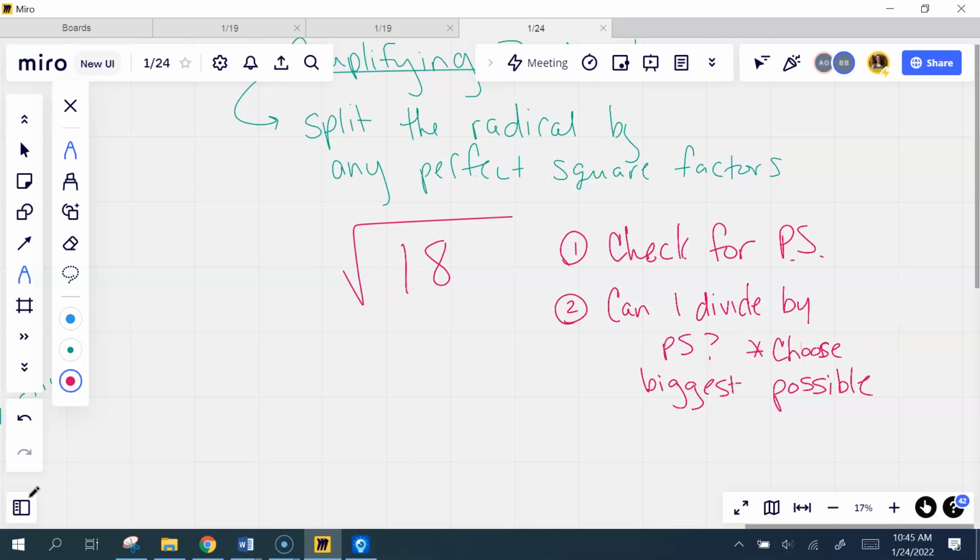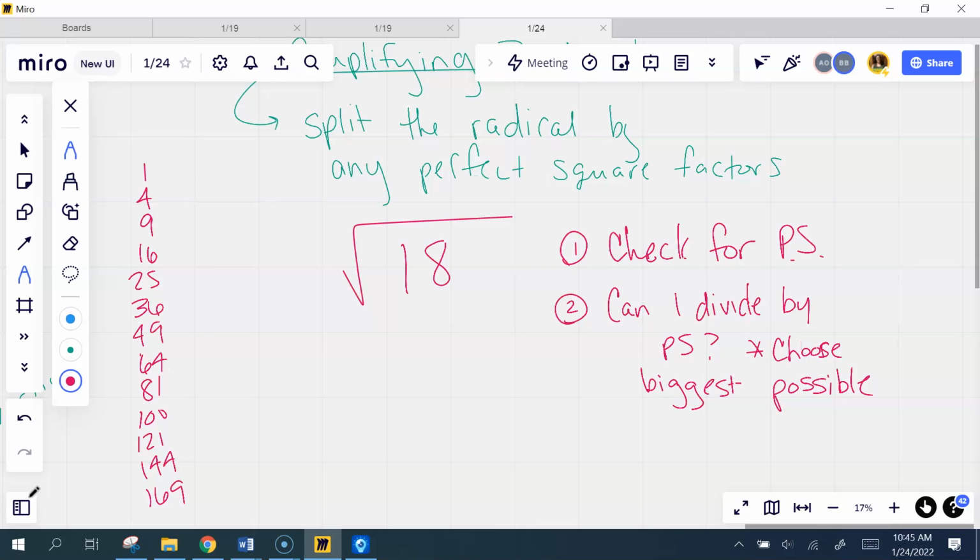So for 18, remember I told you to have that list over on the side? We had 1, 2 squared is 4, 9, 16, 25, 36, 49, 64, 81, 100, 121, 144, 169. What is the biggest number from that list I could divide 18 by? 9.